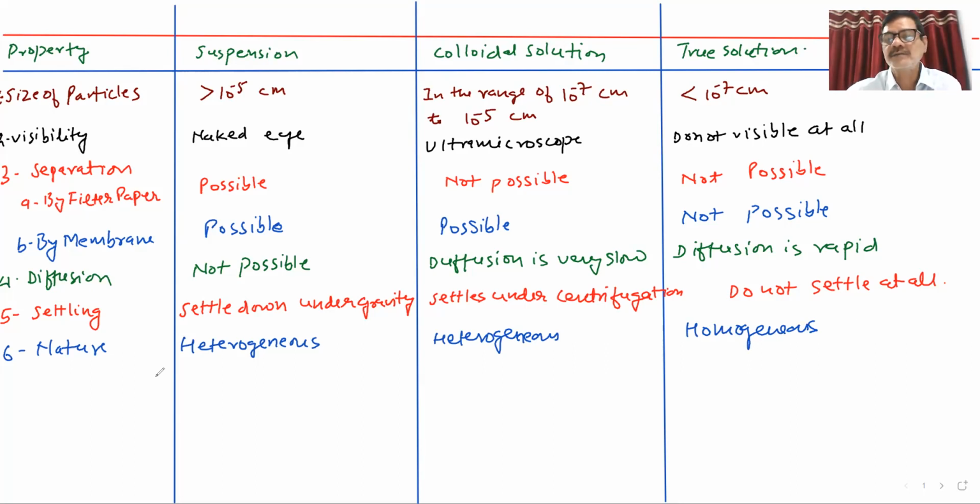Next property, that is the seventh property, is appearance. Appearance of solution. So this is opaque. That is, we cannot see through this solution to the other side.